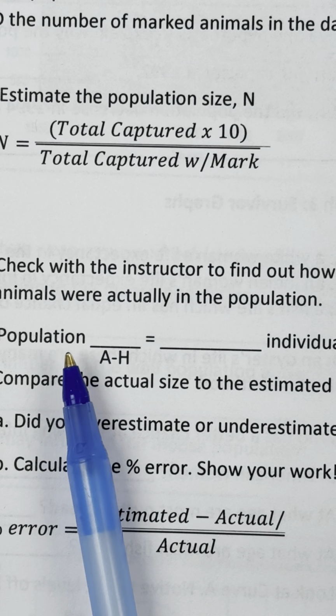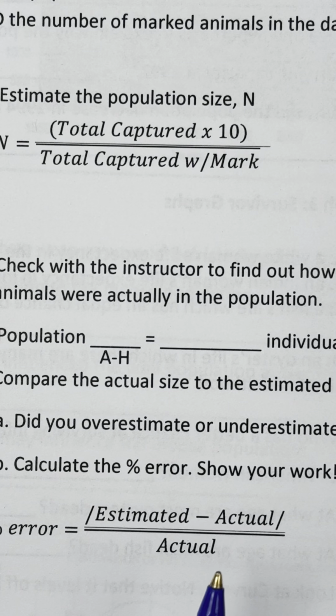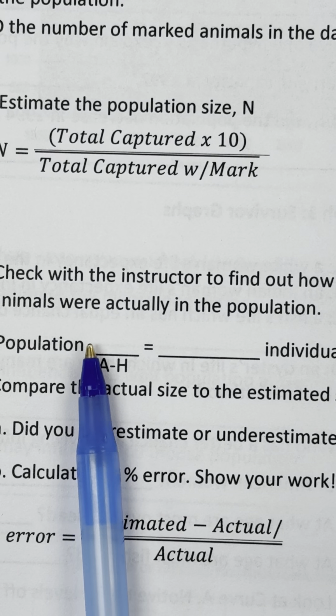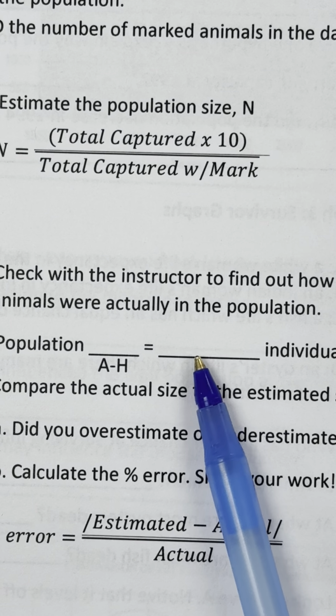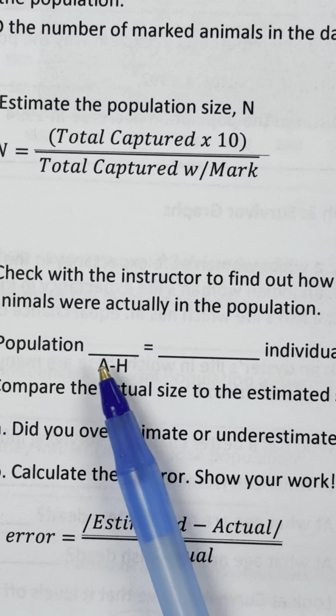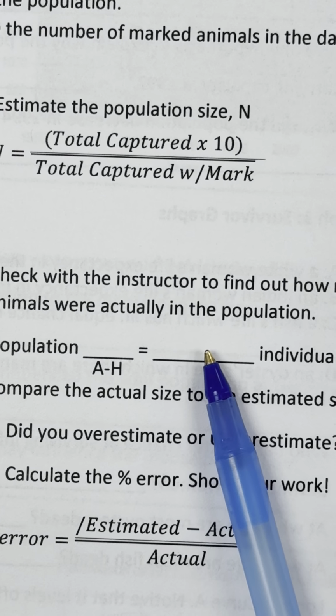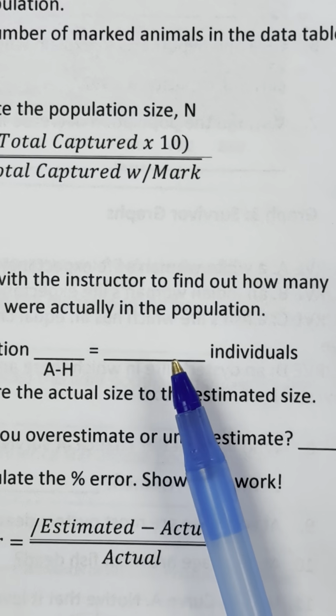But the population here, so it says for population H, you would write population is equal to the number of individuals. That population H is equal to the actual number of individuals. I can give you this number when you get back to class.